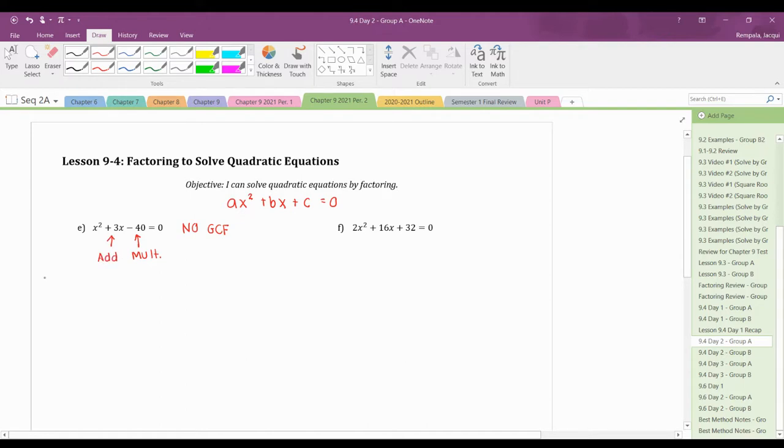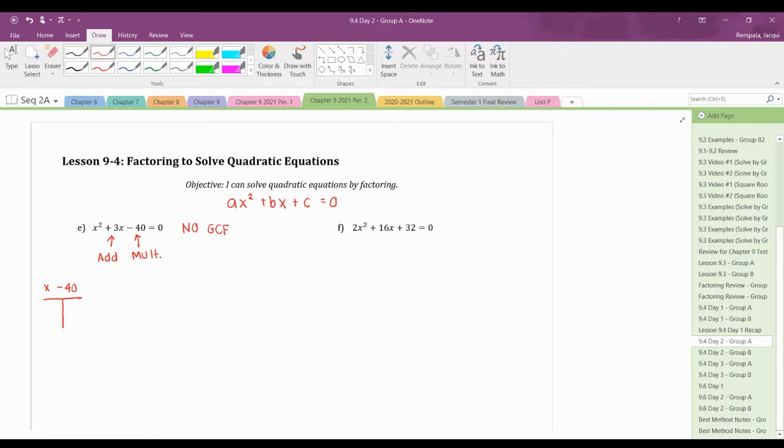So I'm looking for numbers that multiply to negative 40. Well, if I need to multiply to a negative, that means that one of my numbers is positive and one of my numbers is negative. Because I want the middle number to be a positive, that means that you really want the bigger number to be positive.